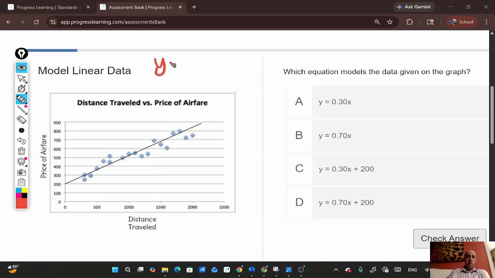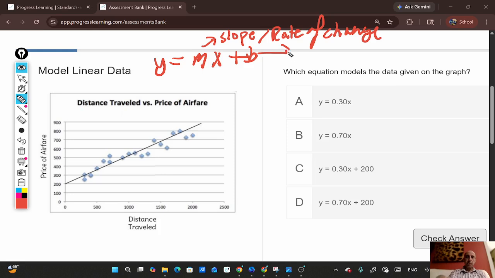It's y equal mx plus b, m represents the slope, or we can say the rate of change, and b represents the y-intercept, and we know that the y-intercept is when x equals 0.